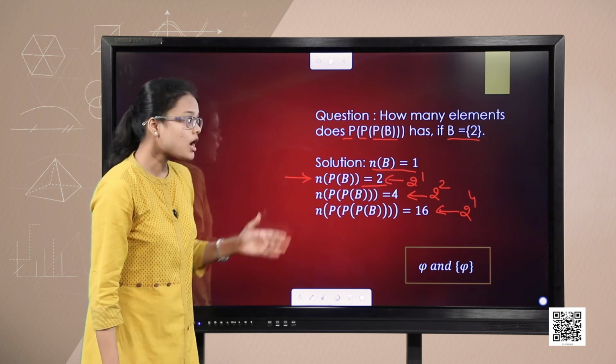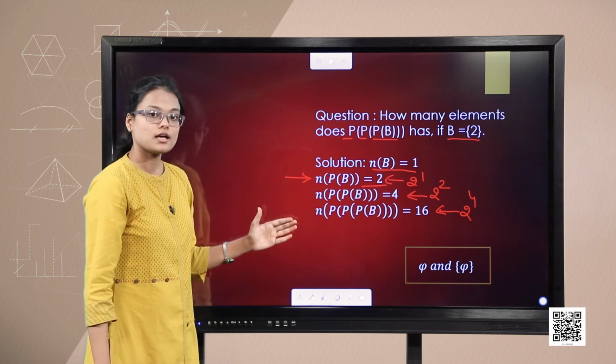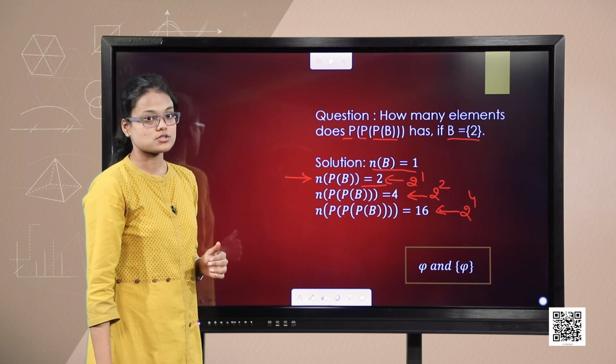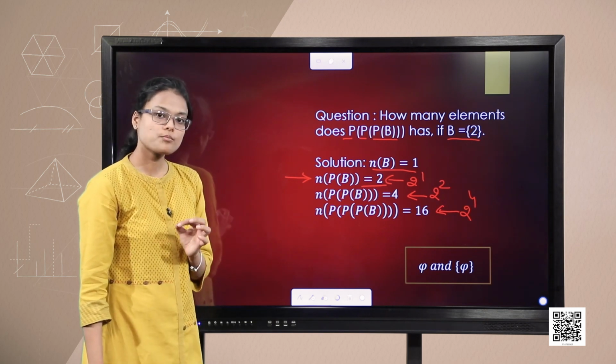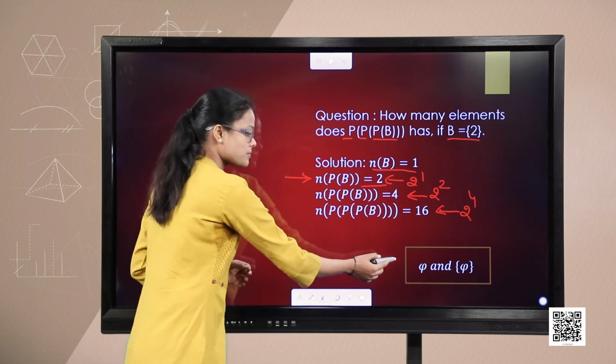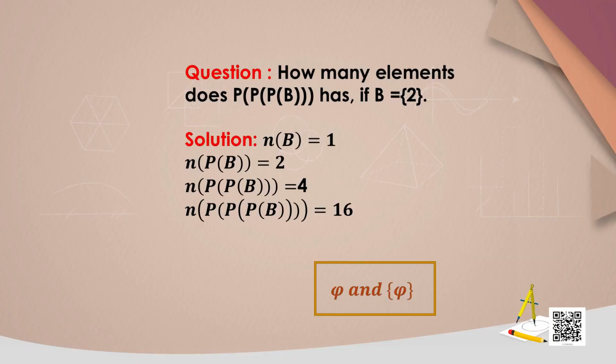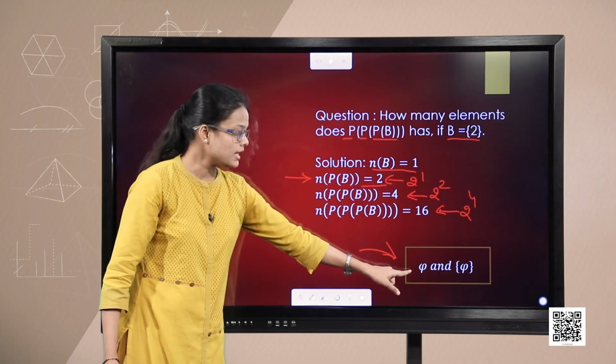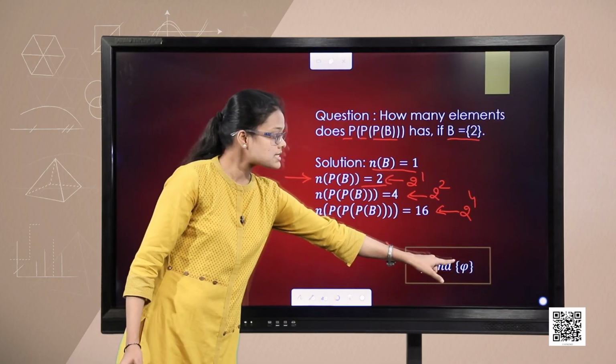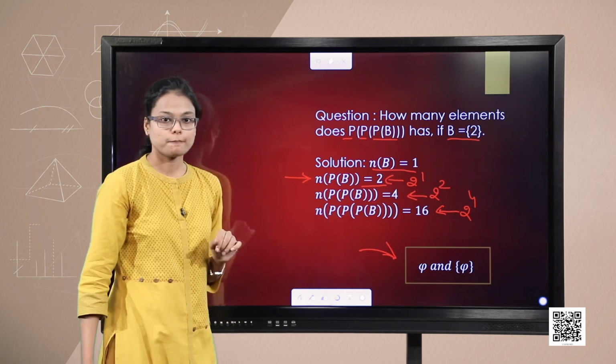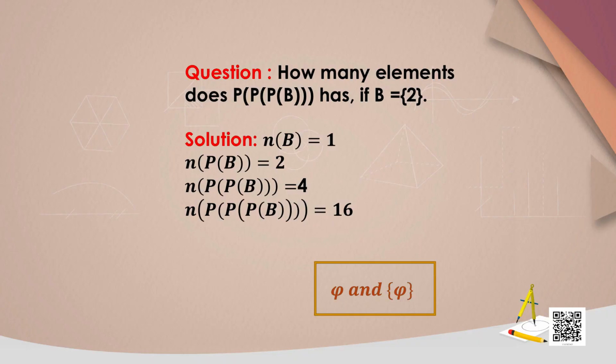Hope you have understood how you can find answers to such questions. Students, there is an important point. Notice, these two notations, they are different: phi and a set which is containing phi. This is representing an empty set and this is representing a set which is having an empty set.